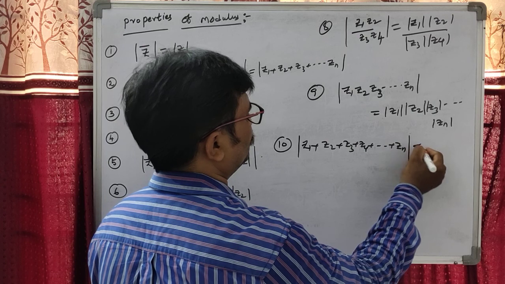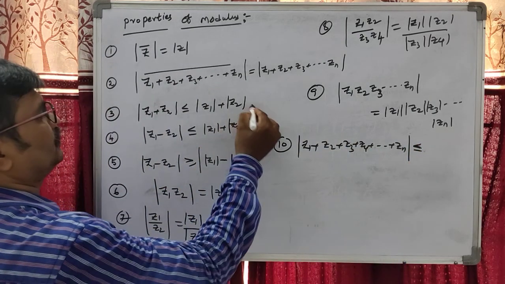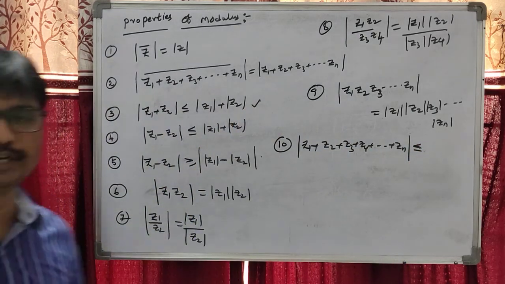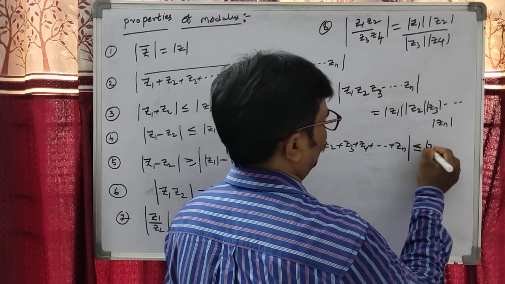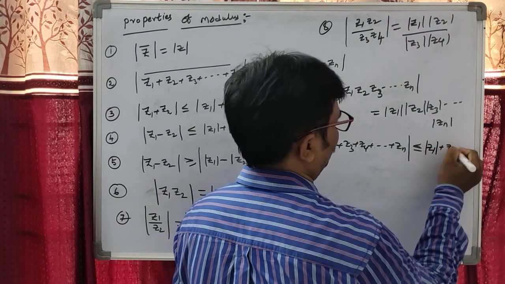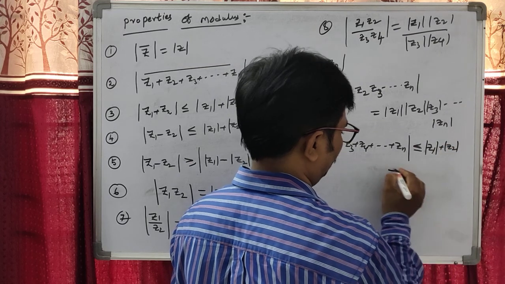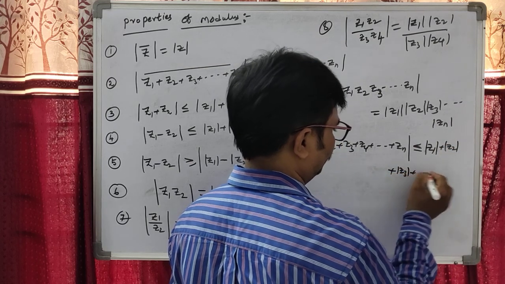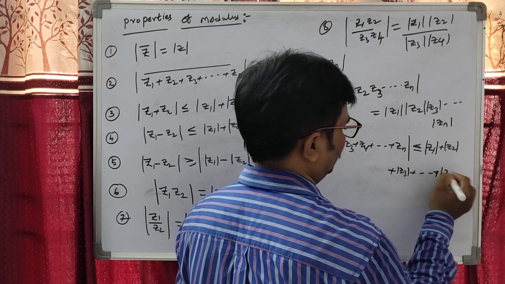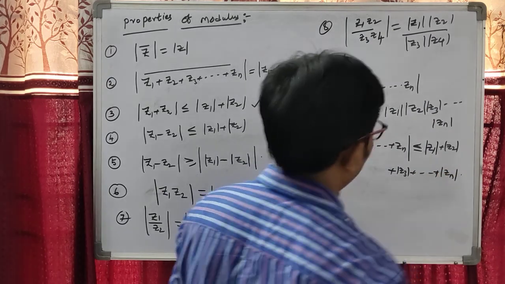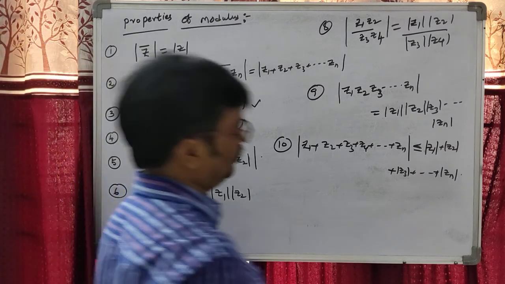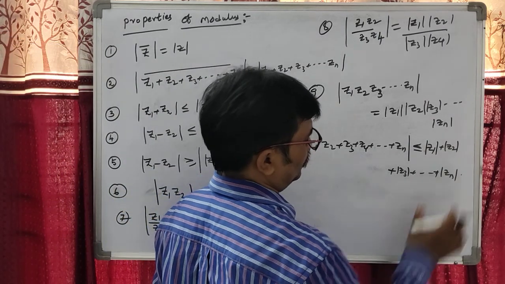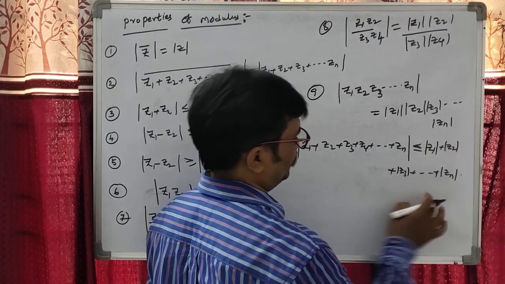We know that the sum of the complex numbers, we can write as |z1| + |z2| + |z3| and so on up to |zn|. Okay, students, this represents the maximum value of |z1|, from minus infinity to this value. Suppose we got minus infinity to 4.